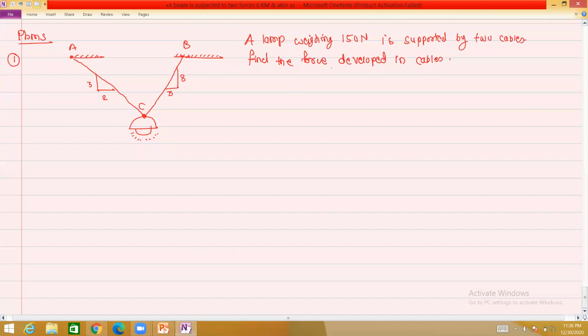So we have to find the force developed in cable AC and in cable BC. This force will be the tension force in the cables AC and BC. When we solve problems on equilibrium, the first step is to draw the free body diagram.